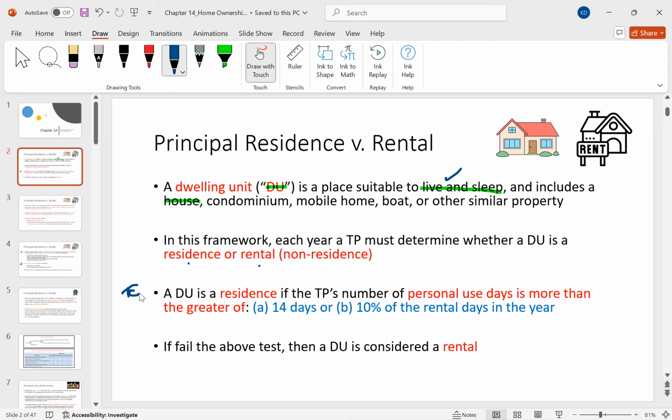It is a residence if the number of personal use days is more than the greater of 14 days or 10% of the rental days in the year. If yes, it's greater than, it's considered a residence. If no, it's less than, it's considered a rental.